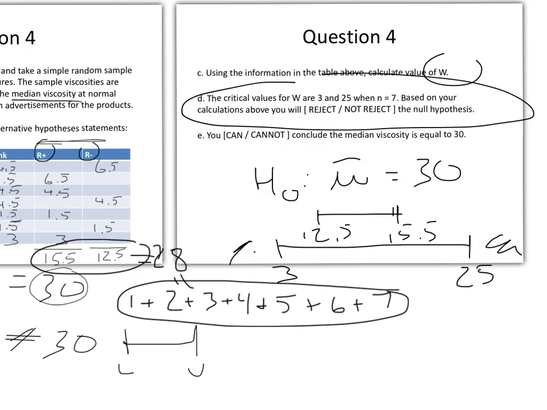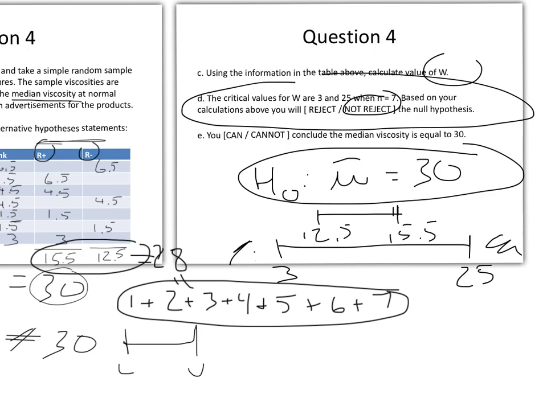But in this case, we're within that based on our calculated rankings here, and so we will not reject the null. And as a result, since we are not rejecting the null, which is this hypothesis statement, we're concluding that the viscosity is equal to 30 based on our sample results.